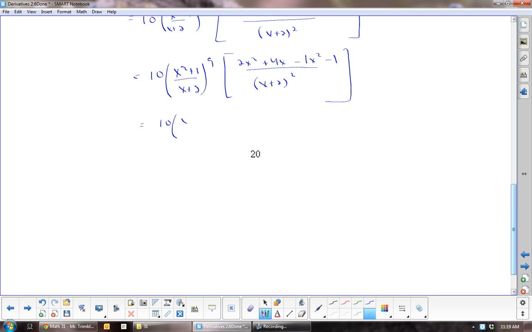That equals 10 times (x squared plus 1 over x plus 2) to the 9 times, okay, we can get a bunch of stuff together up top, giving us x squared plus 4x minus 1 all over (x plus 2) squared.